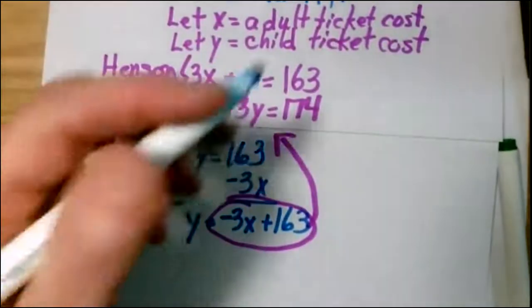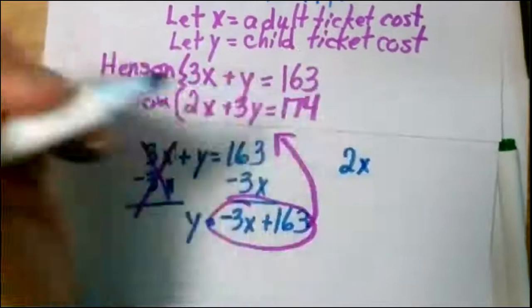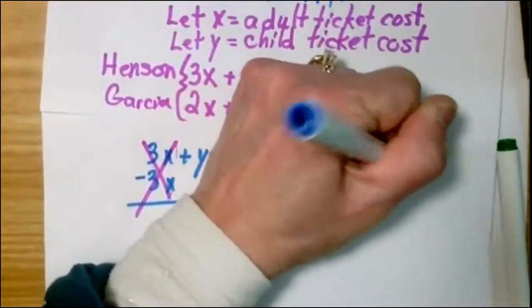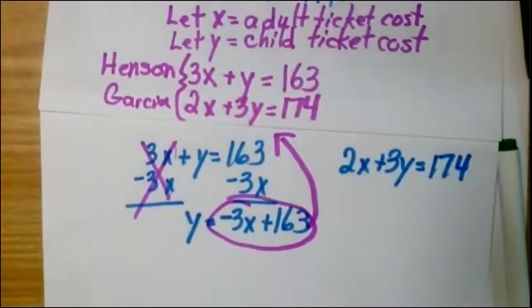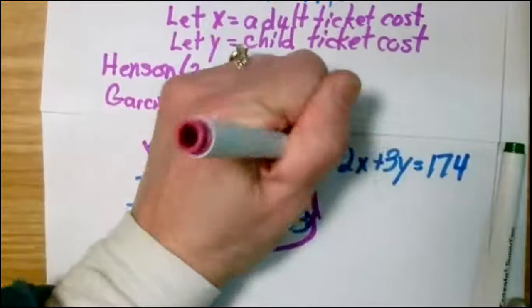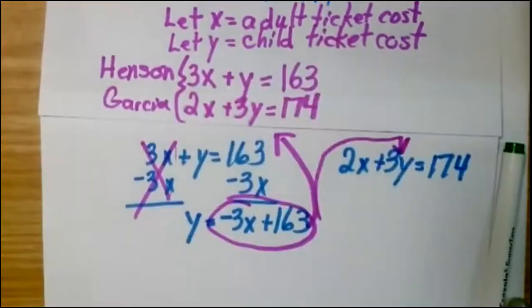So the Garcias was 2x plus 3y equals 174. Let's plug this expression in for y.